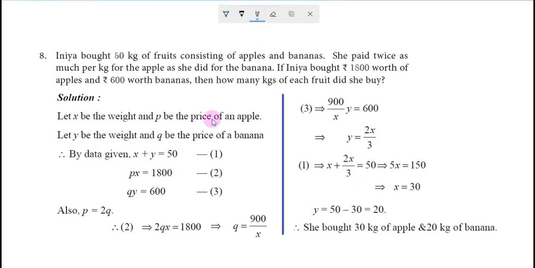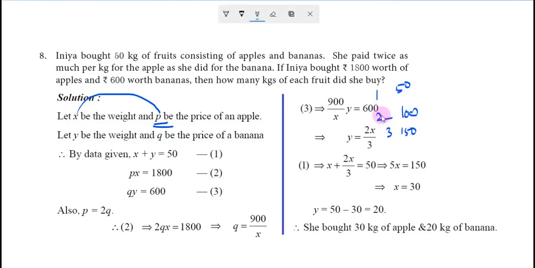Okay, next p be the price of the apples. So she bought 1800 worth of apples. So price and weight we will multiply usually. Just for example, I say 1 kg apple price 50 rupees means 2 kg means 100, 3 kg means 150. How?